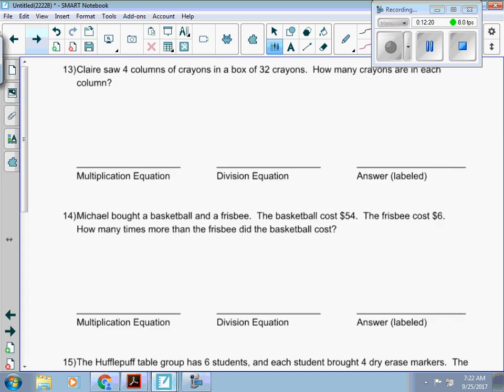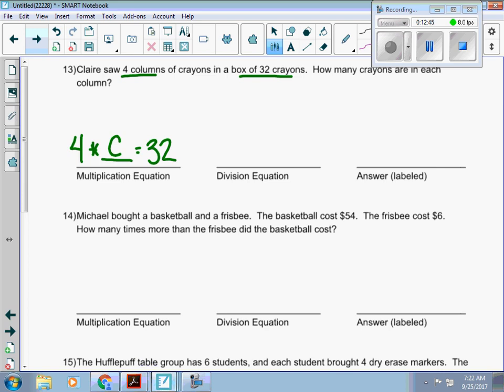Okay. Number 13. Claire saw 4 columns of crayons in a box of 32 crayons. How many crayons are in each column? So we've got 4 columns and 32 is my total. So 4 times something equaled my 32. Instead of that blank, I'm going to put in that C for crayons.